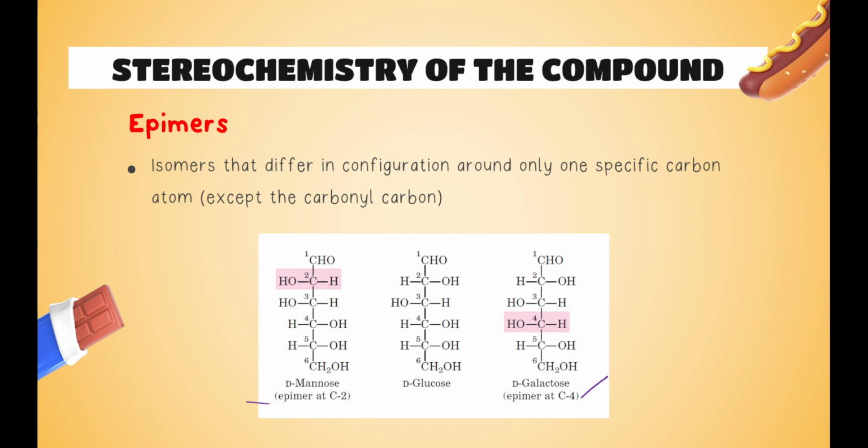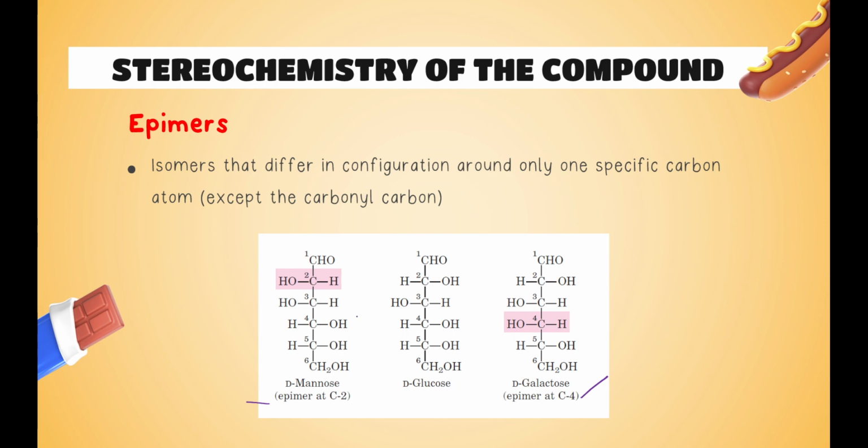So, the chemical formula is the same, C6H12O6 still. But try to find a specific area in the structure in which they differ. And that is what we call epimer, referring to which portion in the structure they differ, even if they have the same chemical formula.